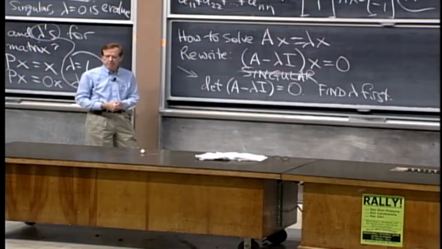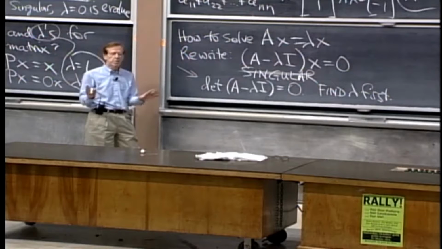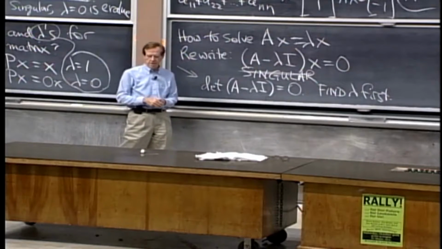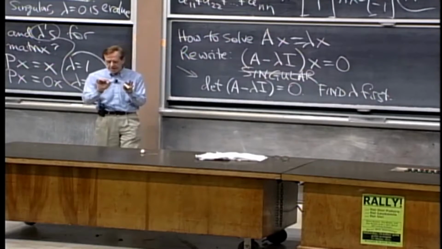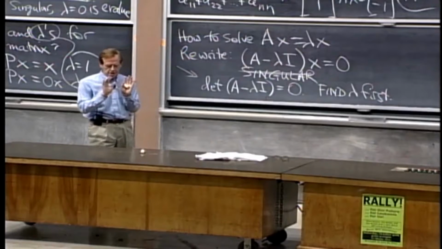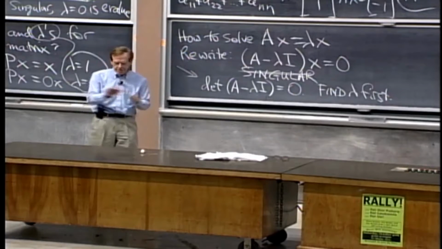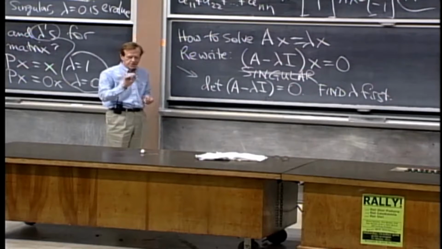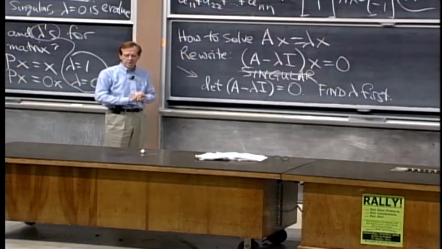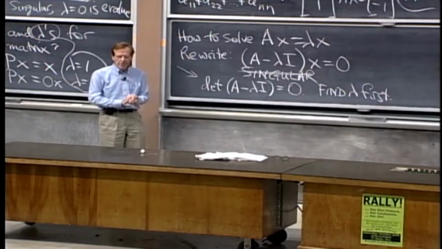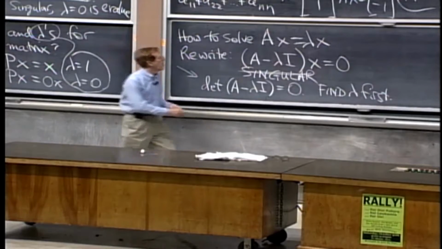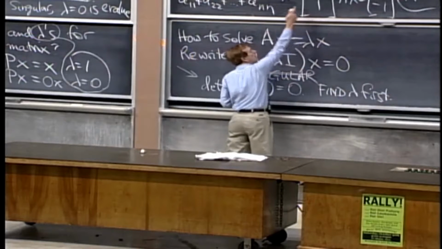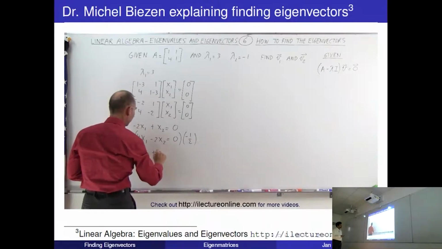I'm looking for the null space. We're experts at finding the null space. You do elimination, you identify the pivot columns and so on, and give values to the free variables. Probably there will only be one free variable.